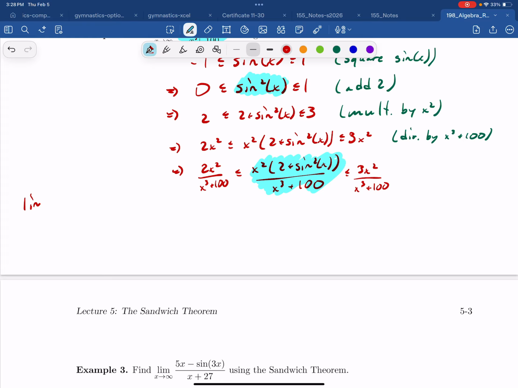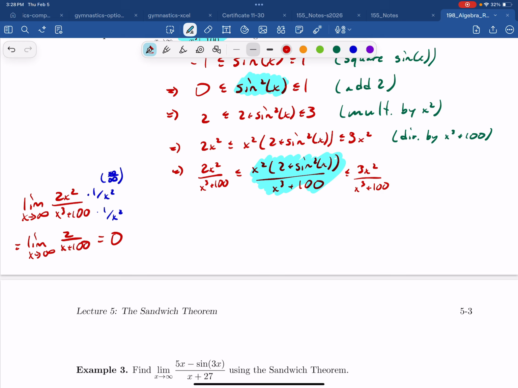Well, let's do it out. The limit as x approaches infinity of 2x squared over x cubed plus 100, well, we know that that's going to give us infinity over infinity, never desired. So we're going to multiply the top and the bottom by 1 over x squared, and this will give us the limit as x approaches infinity of 2 over x plus 100, and that clearly equals 0.